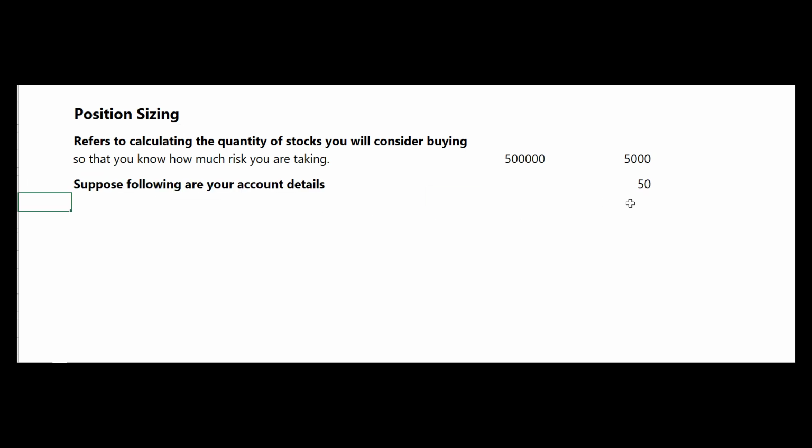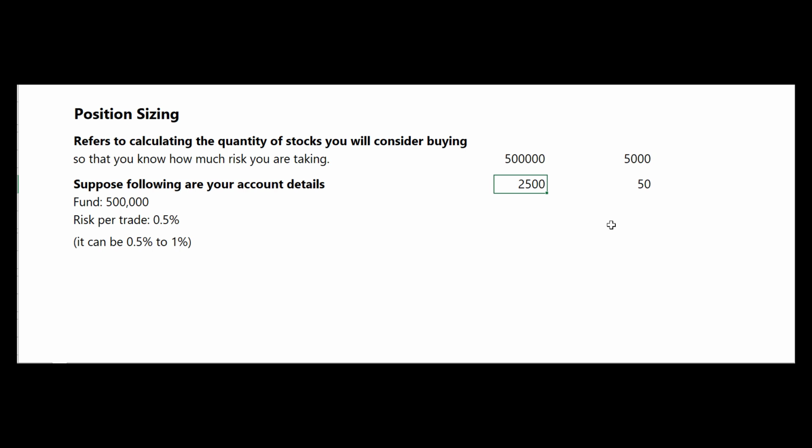Suppose the following are the account details. We have a fund of 5 lakh, and the risk per trade is 0.5%. It can range from 0.5 to 1%, or even 1.5 or 2%. If we are talking about 5 lakh into 1%, we are talking about a risk of 5,000, not the investment amount.